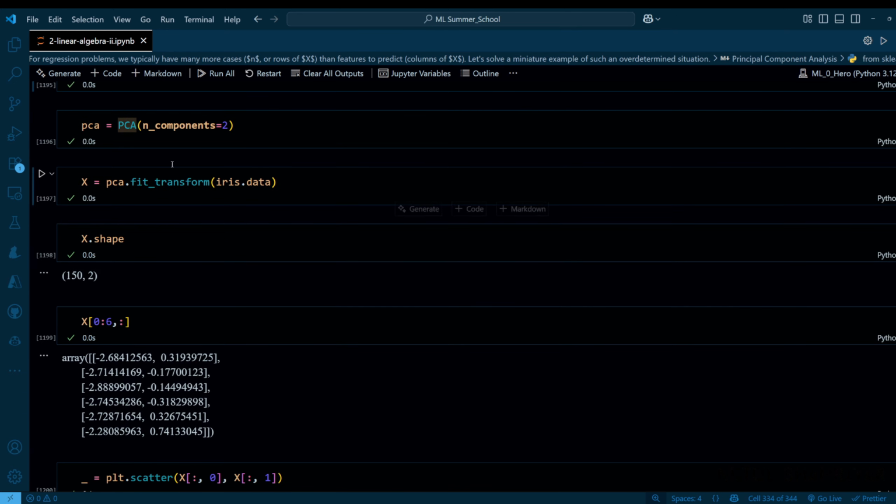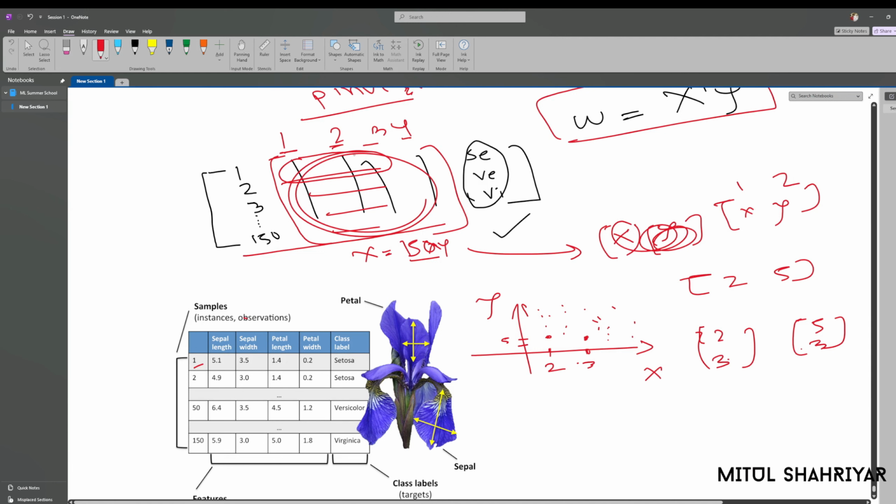After the process, we will end up with 150, 2. What does it mean? It means that we earlier had 150 rows and 4 features.